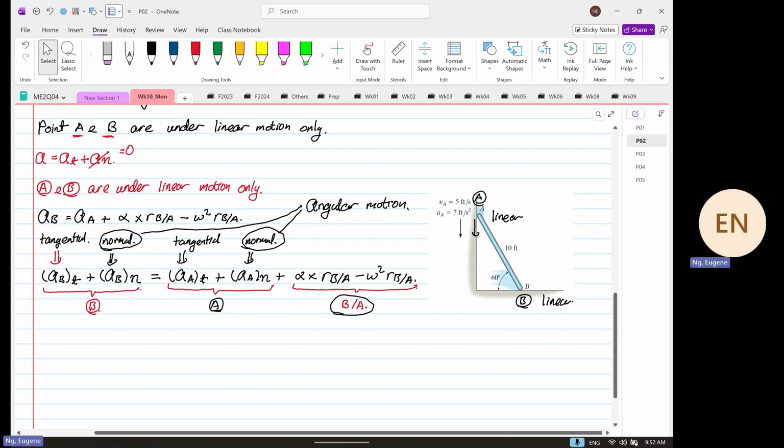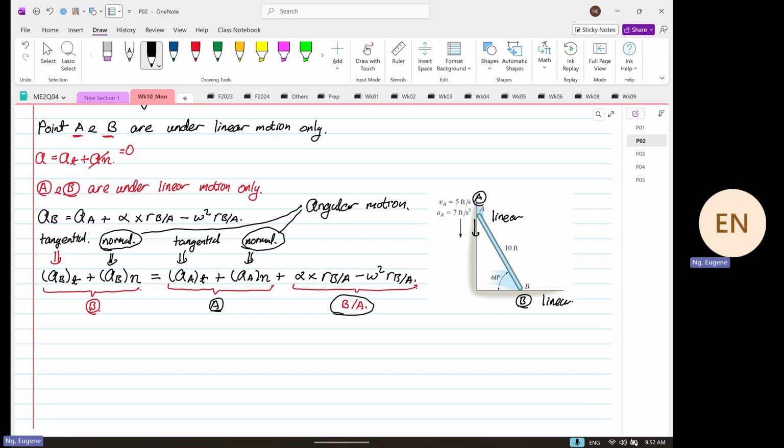Just to reflect on what we have: if we look at acceleration at point B, which is tangential, we're going to assume that A_B tangential is going in that direction, so it's in i.